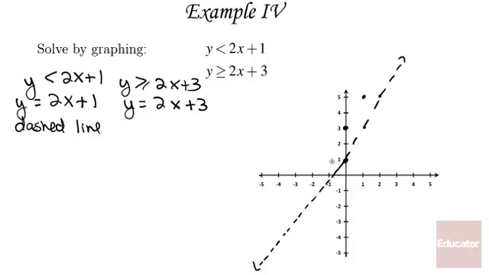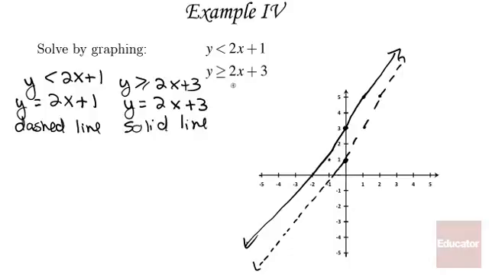Or decrease y by 2, decrease x by 1, and so on. So this is going to give me another line right next to this one. But this time, I'm actually going to use a solid line, because this is greater than or equal to.